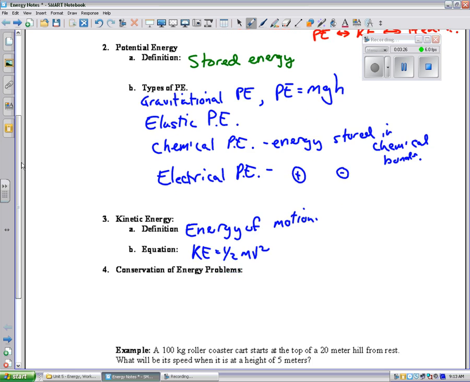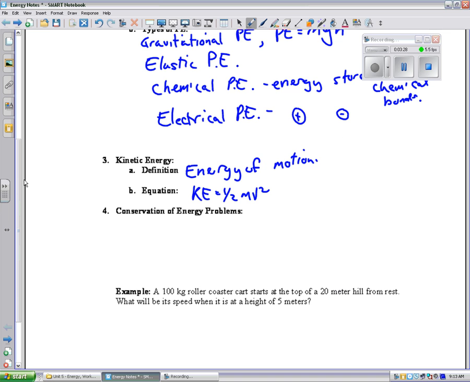Now, solving conservation of energy problems, they're going to be similar to conservation of momentum problems. Probably going to want to sketch it if it's not drawn for you already. Then identify two points that you want to compare. Okay, it's kind of like before and after for momentum problems.